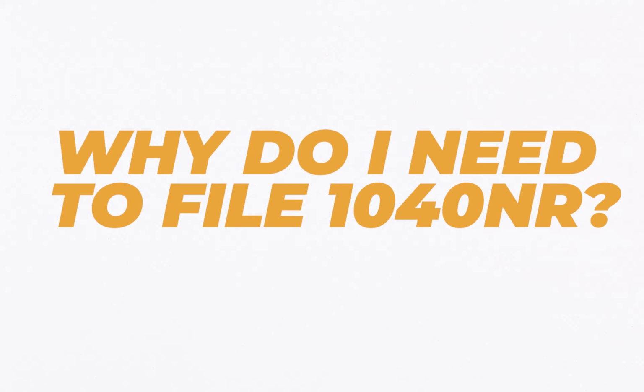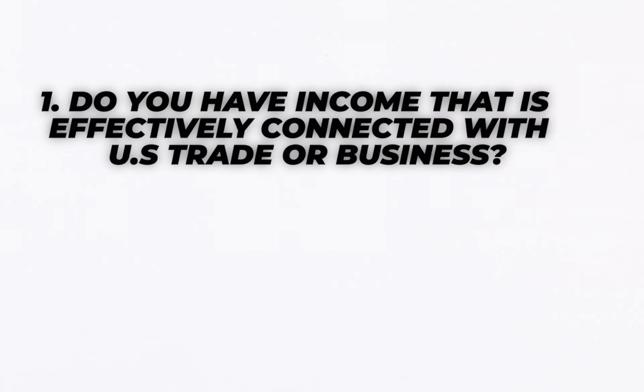You only need to file 1040 NR when you're able to answer one of these questions positively. So the first question you need to ask yourself is, do you have income that is effectively connected to US trade or business? If the answer is no, then a 1040 NR is not required. Now, you move on to the second question.